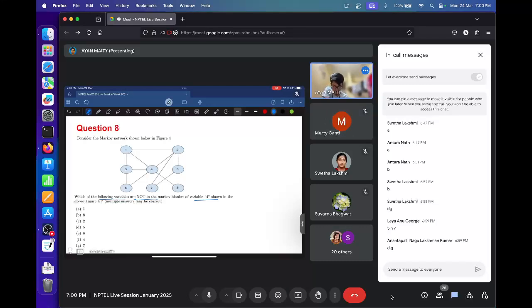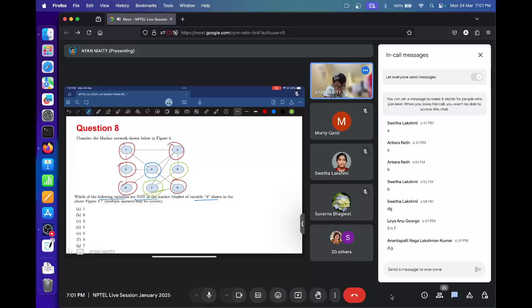Okay, so for node 4 we can see that the immediate neighbors are node 1, node 2, node 3, then node 6, node 8. So the Markov blanket contains 1, 2, 3, 6 and 8, but there doesn't exist any direct edge from 5 to 4 and there is no edge from 7 to 4.